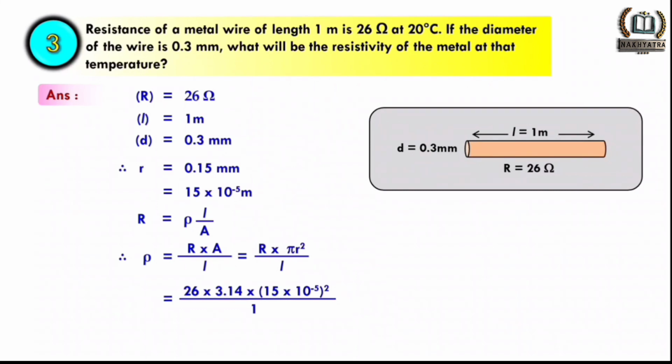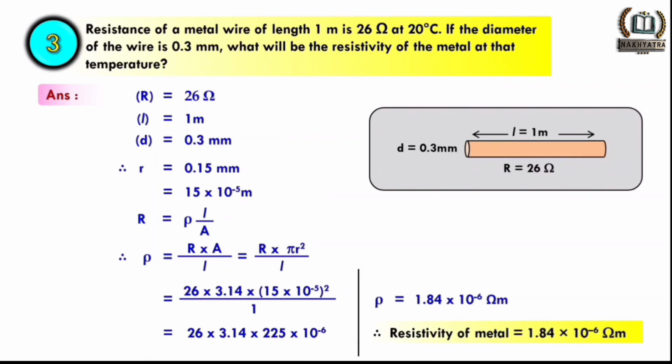Now square it and divide by L, that is 1. So we will get 26 into 3.14 into 225 into 10 to the power minus 10, rho equal to 1.84 into 10 to the power minus 6 ohm meter. Okay, so therefore the resistivity of the metal is 1.84 into 10 to the power minus 6 ohm meter. Don't forget to write the unit. Okay, it is ohm meter.